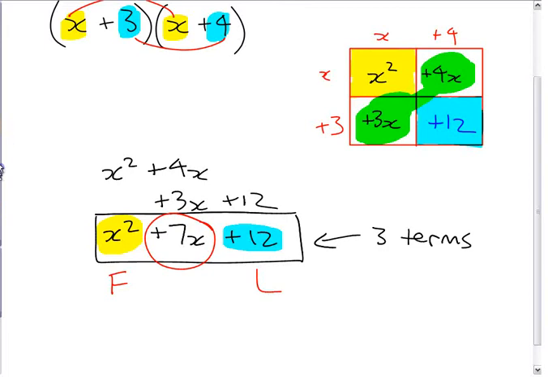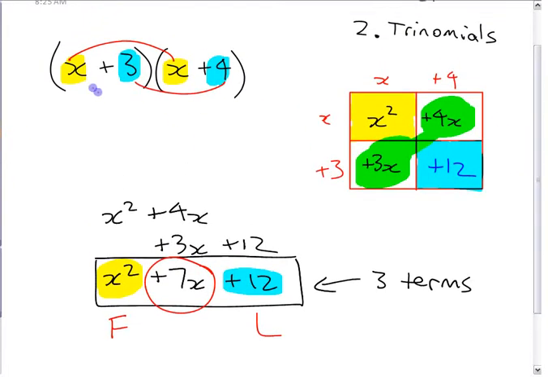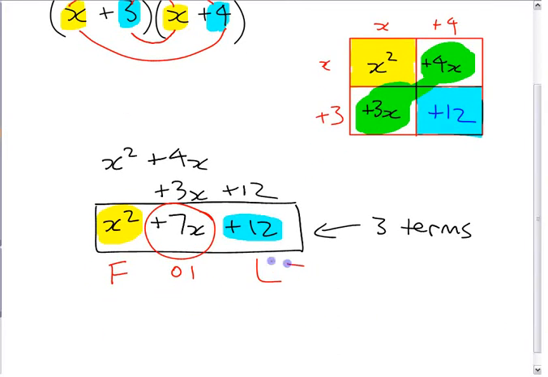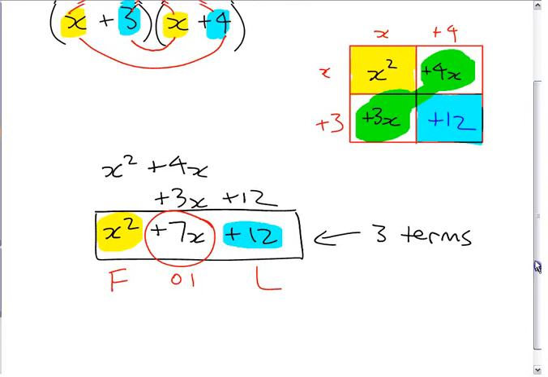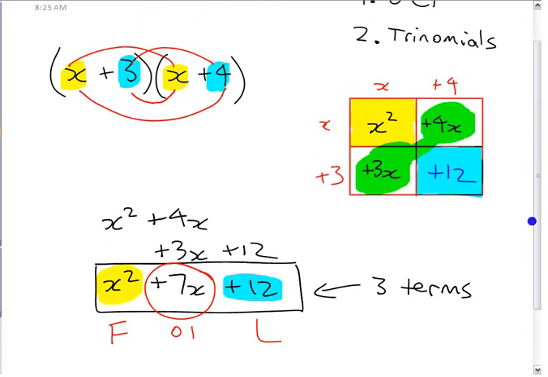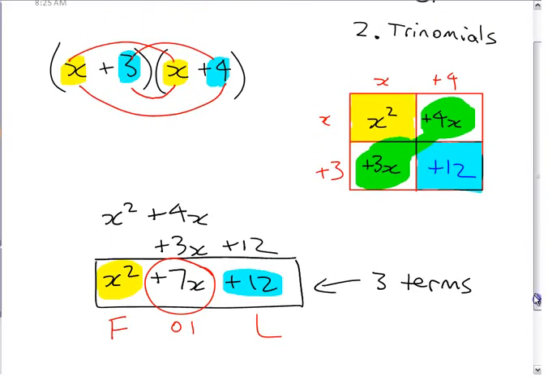Some people call these the outside terms and the inside terms. Some people actually use the word FOIL to remember that pattern of where things come from. And you're just going to be working backwards through that to try and factor trinomials.